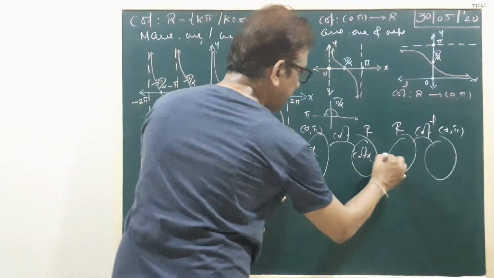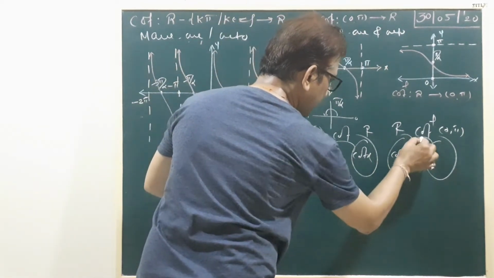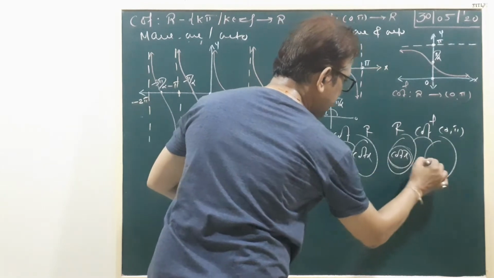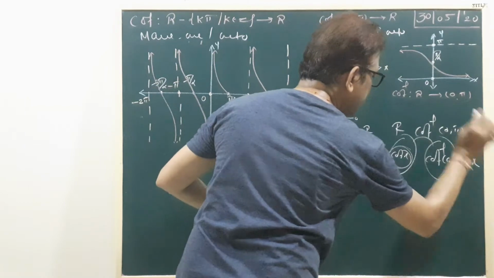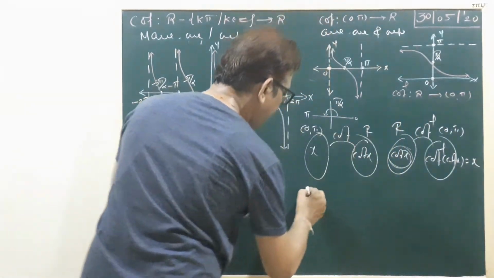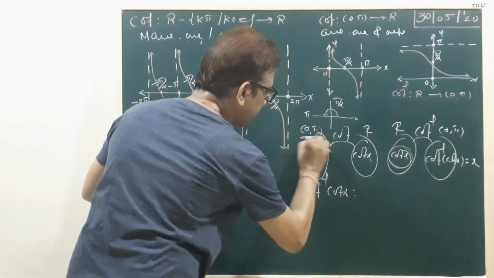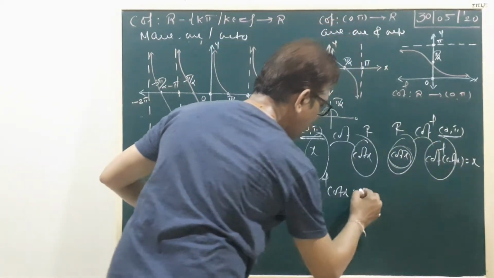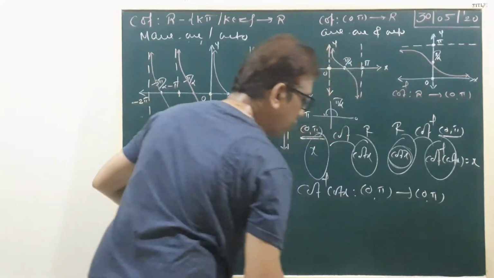Now put cot x in the domain of cot inverse. For the function cot inverse, this is your x. So we write cot inverse of cot x, and the answer is x. But the function cot inverse cot x is a function from 0 to pi to 0 to pi.